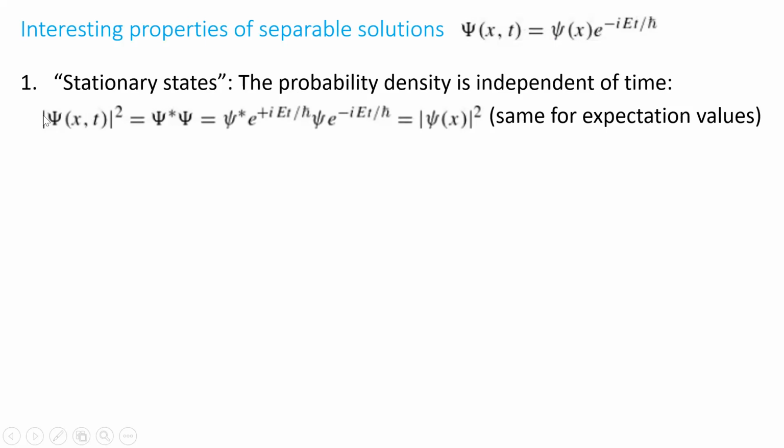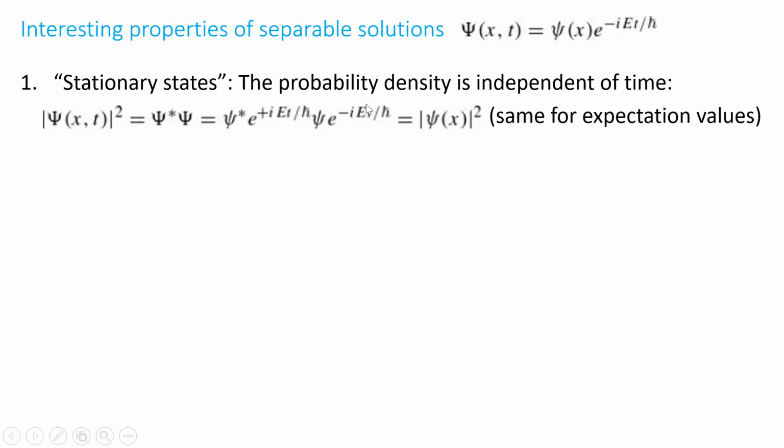If we take the modulus squared of the full wave function, which is equal to the complex conjugate times itself, and then plug in this expression here, little psi times this exponential, we get the complex conjugate of little psi times e to the plus i E t over h bar, because we have to change i to minus i, times the function back again, which is psi times e to the minus i E t over h bar.